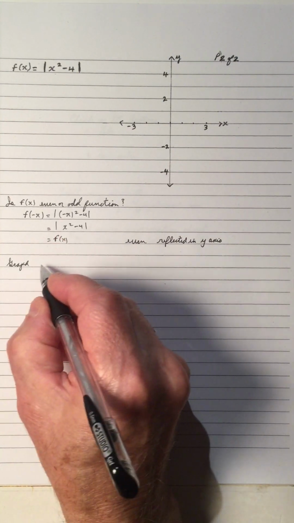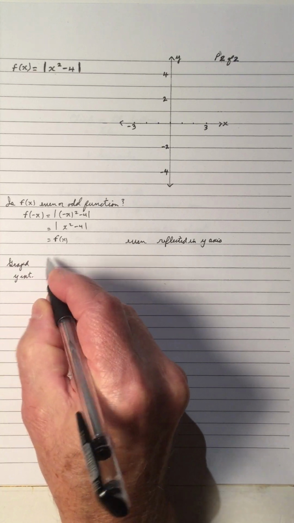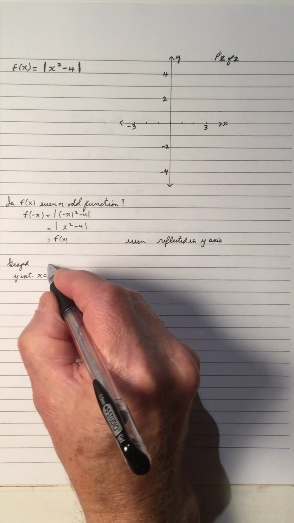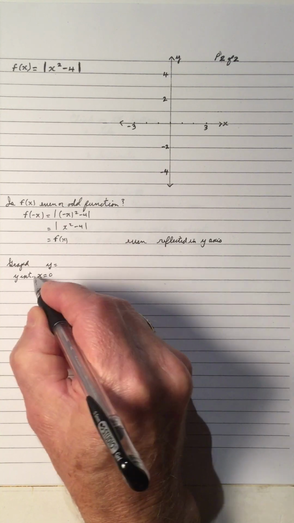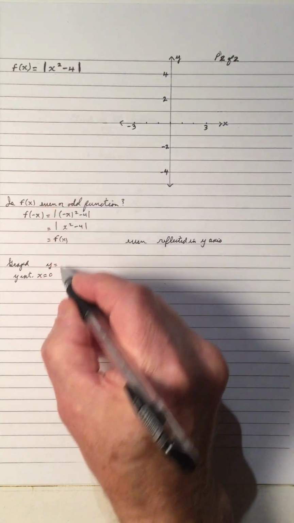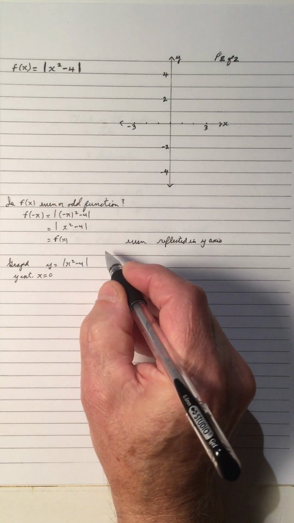Let's look at the y-intercept of this graph. That's when we make x equals 0. So for the equation we want to look at, instead of f of x, let's make this a y. So y equals the absolute value of x squared minus 4.